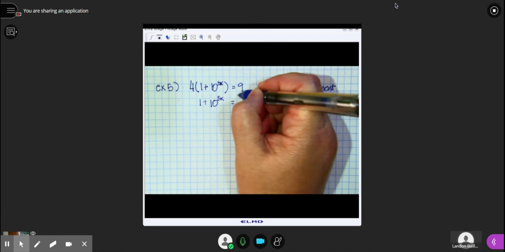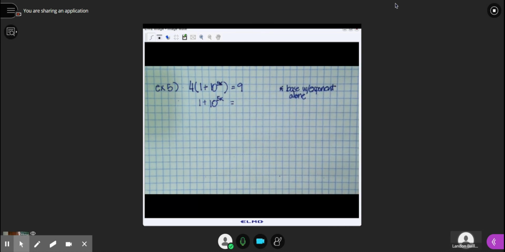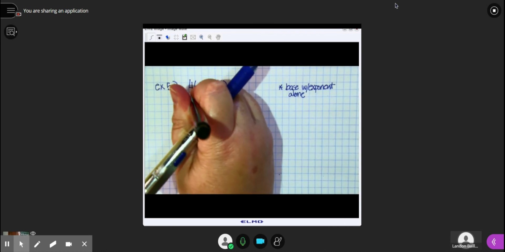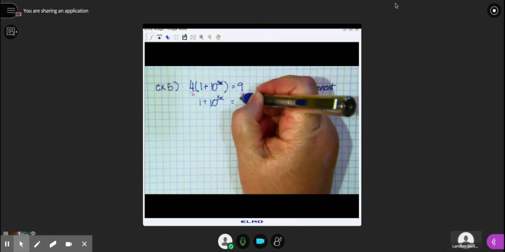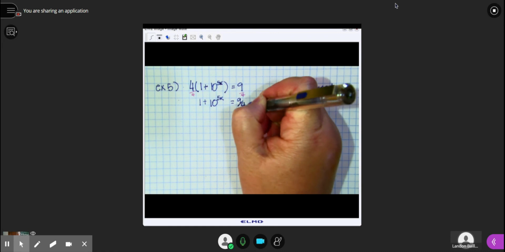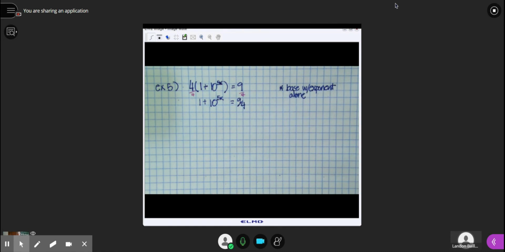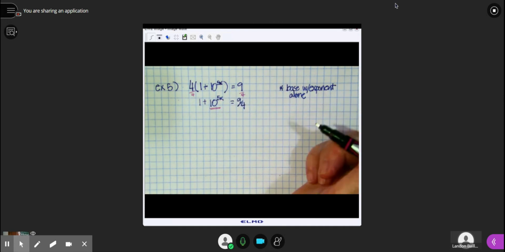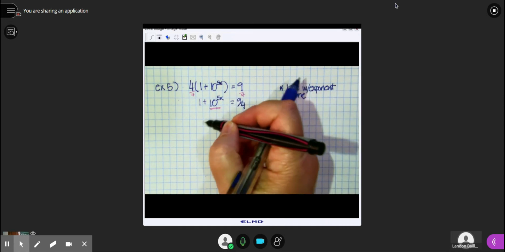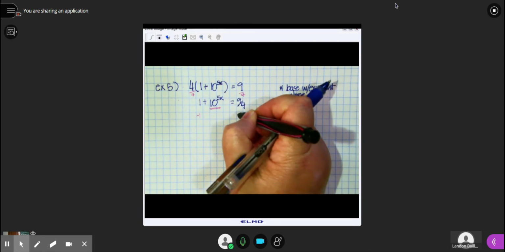The first thing I'm going to do is divide both sides by the 4. I'm still trying to isolate this term. So to do that, I'm going to subtract 1 from both sides.